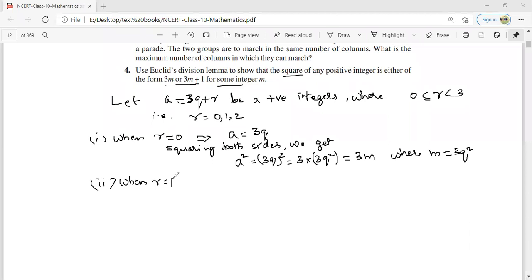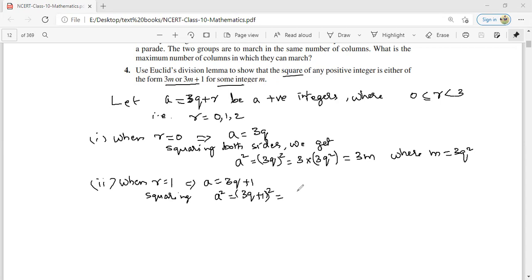When r is equal to 1, then a will be equal to 3q plus 1. Squaring, a square is equal to 3q plus 1 whole square. So (a plus b) whole square is equal to a square plus 2ab plus b square.